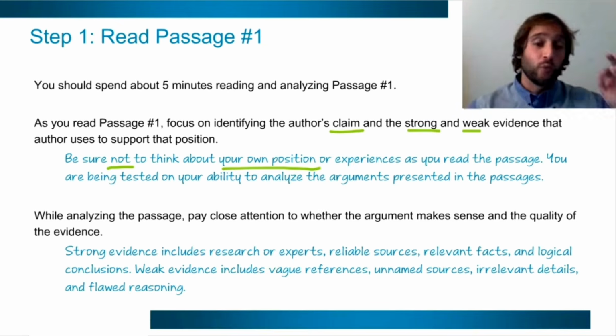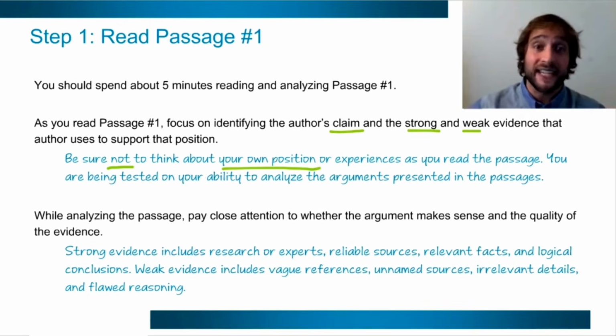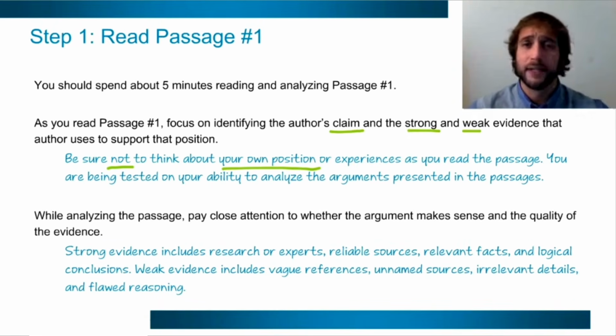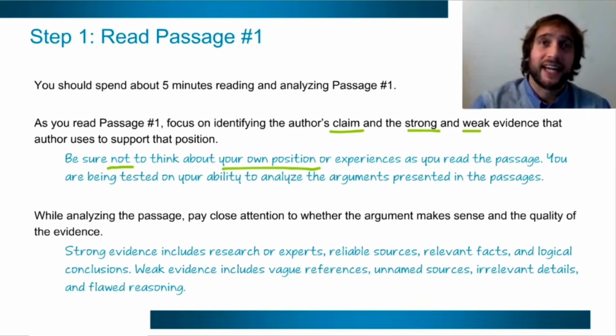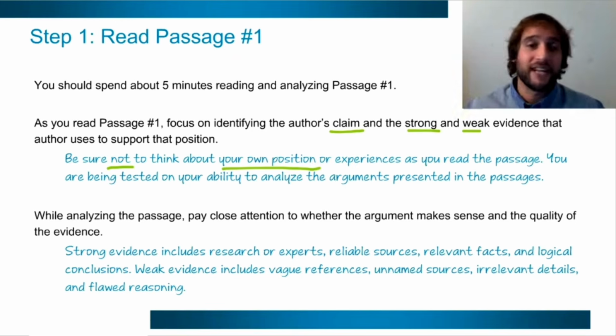Okay, reliable sources that are indicated, declared, way better than nameless sources or sources that we're not sure about. I mean, who are they, right? In other words, we want the sources to be reliable. We've probably heard that in the news at some point in our lives, right? Like an unnamed source or sources inside the organization say. Well, it's always better if those sources are reliable and named. We can trust it a little bit more, okay?